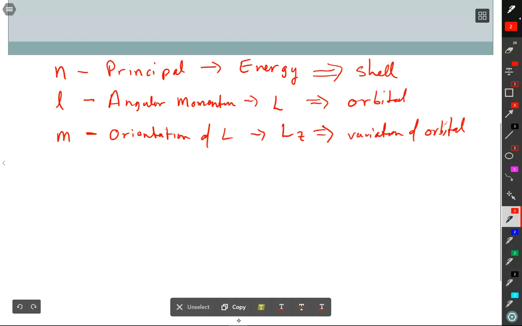Okay, so the rules we had were N has to be an integer that's greater than or equal to 1, because if L is 0, N had to be 1. L is an integer up to N minus 1. And then M, or as we'll learn to call it, M subscript L, is from minus L to L.